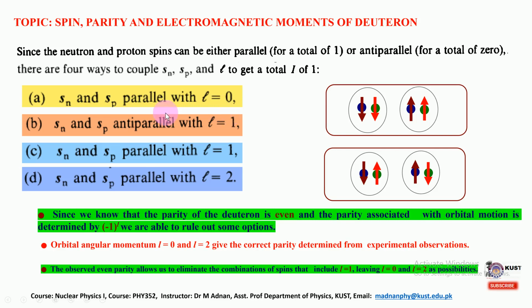So the even parity can be obtained with option A and also option D, while L equal to 1 does not contribute to that even parity, which is the observed even parity regarding the deuteron. So we will just eliminate the two options, and then we will be concentrating on the first one and the last one.